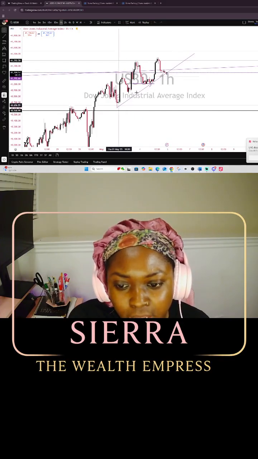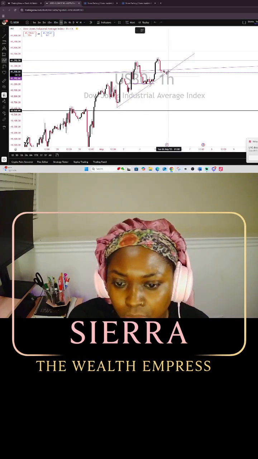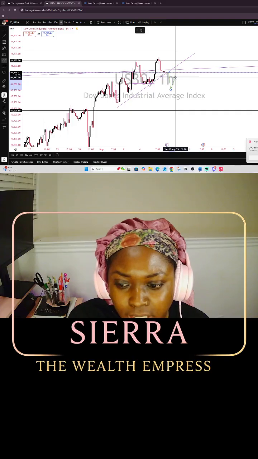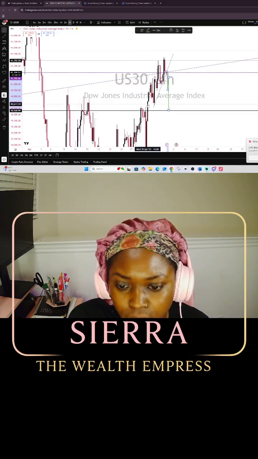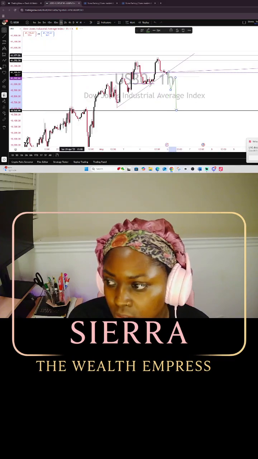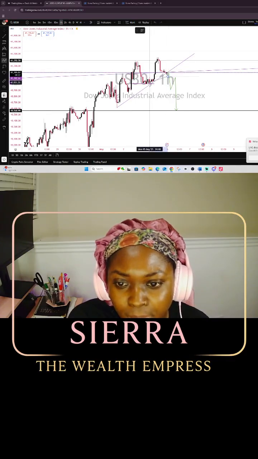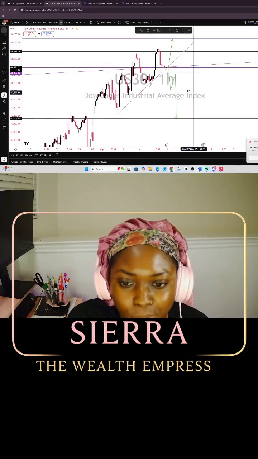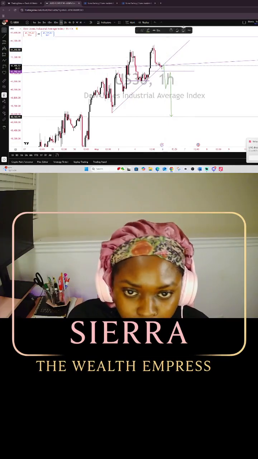Either it's going to break this trend line, break through this fair value gap, just like this, and retest it, and then I'll take it lower into this 4 hour fair value gap right here, or it's going to reject from this area and get back on top of this trend line or gap to let us know what we're doing. And I would suggest that you wait for New York session.